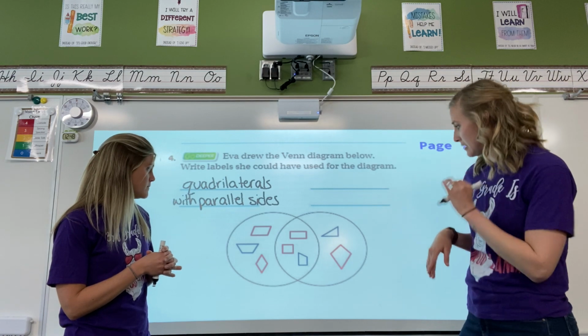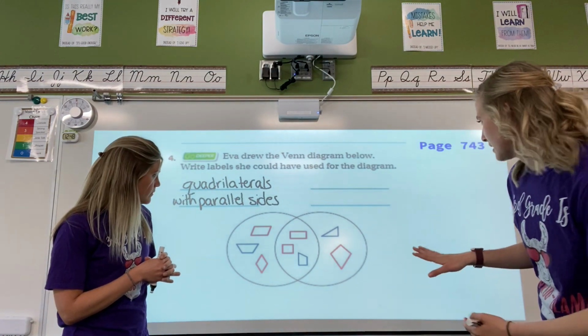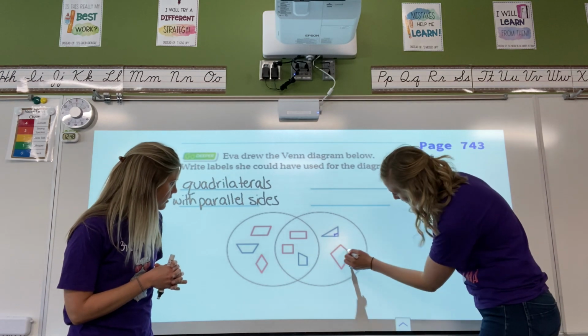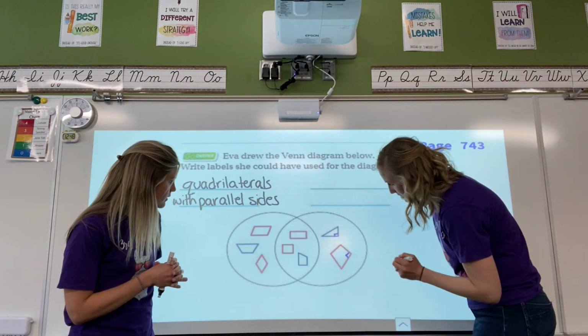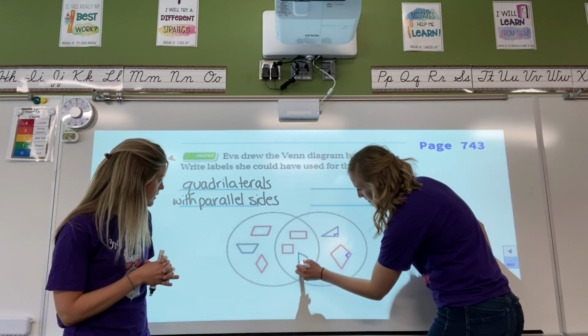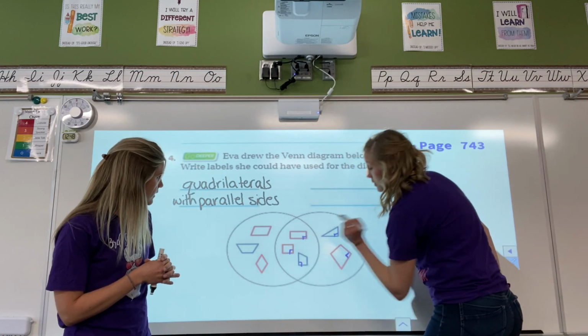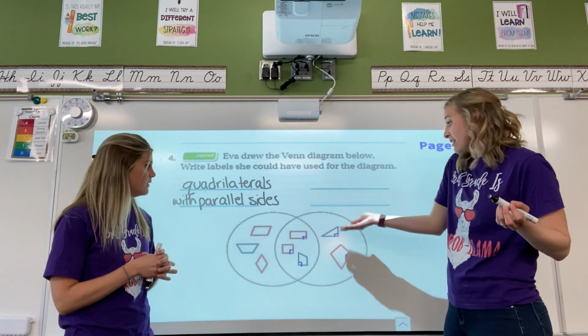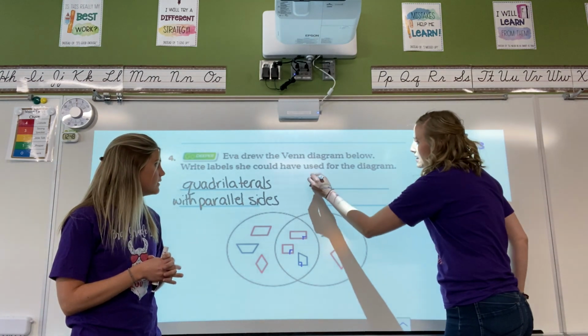Ooh, I'm starting to see something. Does that look like a right angle? That does look like a right angle. Does that look like a right angle? Yeah, it kind of does. Okay. So they're polygons with at least one right angle.